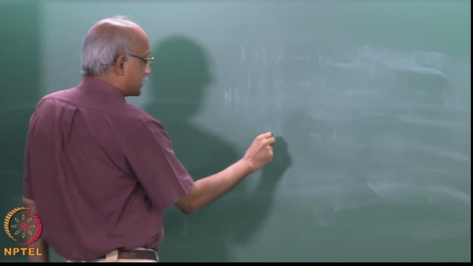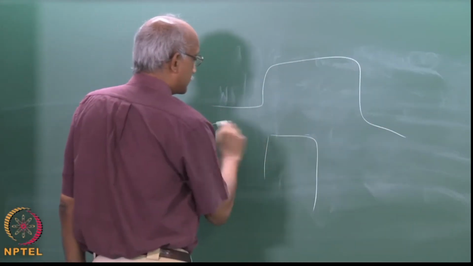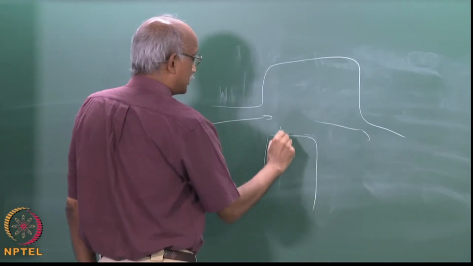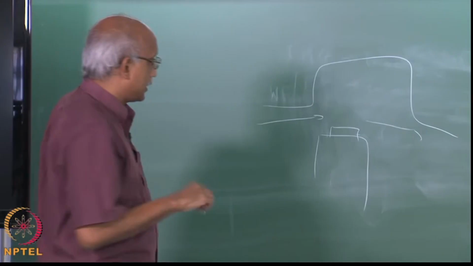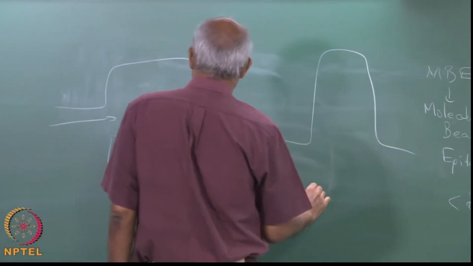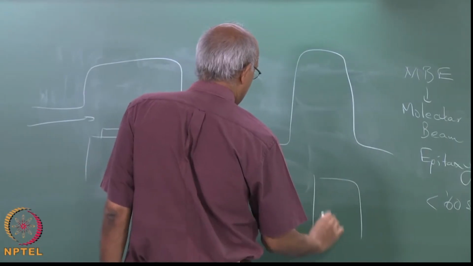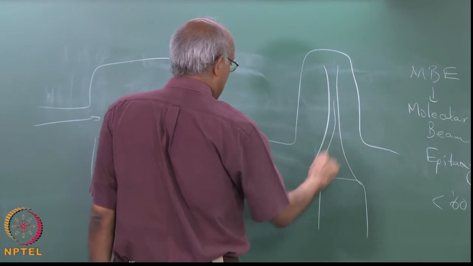MOCVD reactors are run in two configurations usually. The first is the classic horizontal cross flow type of reactor, but the other configuration that is widely used is the stagnation point flow reactor.